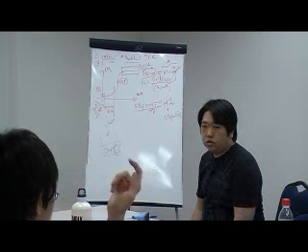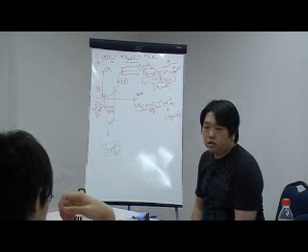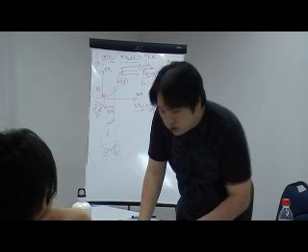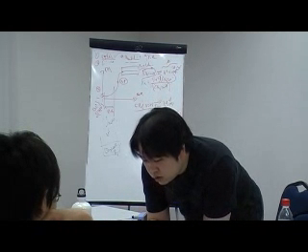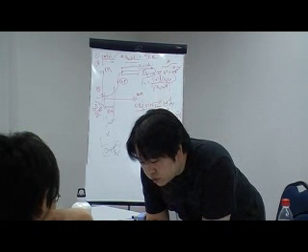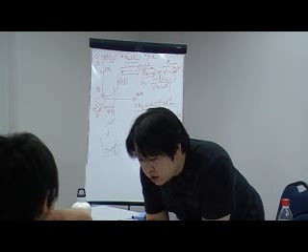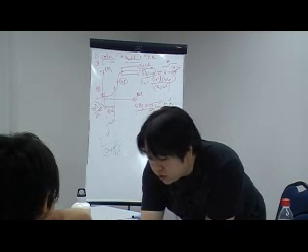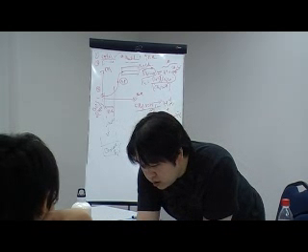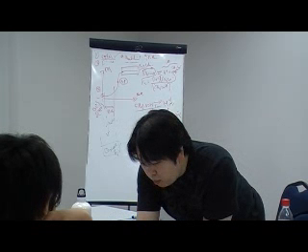If you see this question, calculate the pH of a solution mixture of this ethanoic acid with sodium ethanoate. You use this expression, substitute the concentrations inside, get the K value, then find H plus.